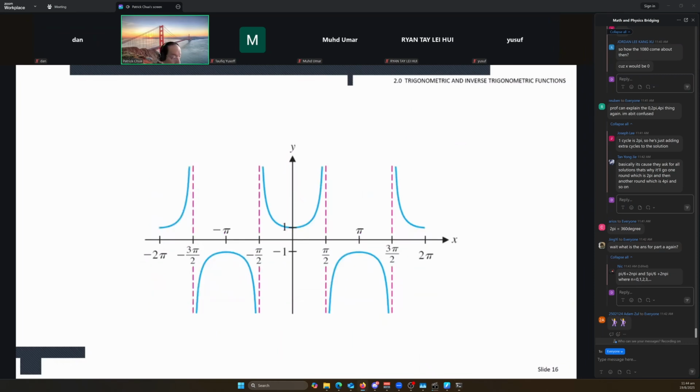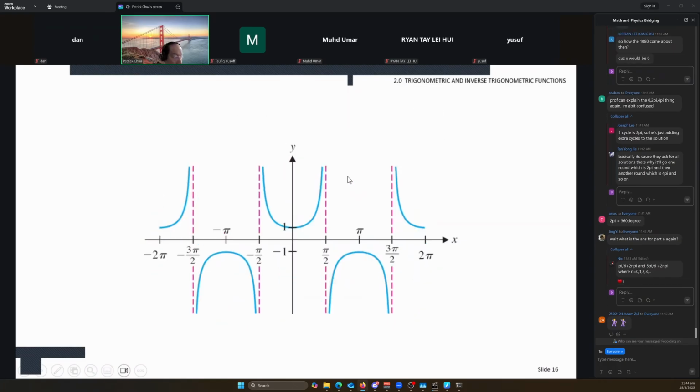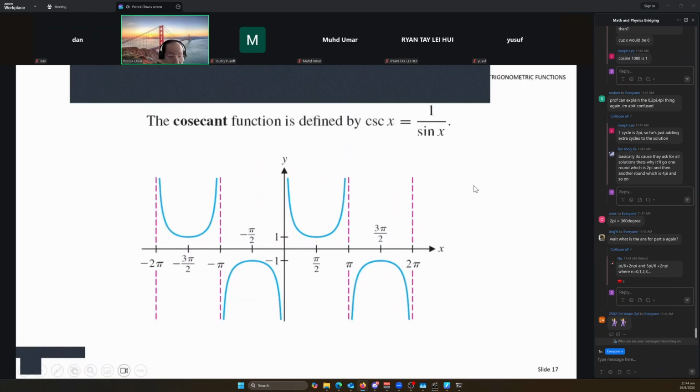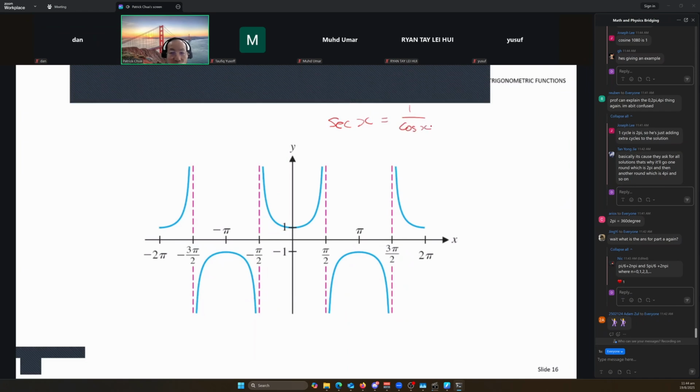Okay. Then you have the secant. This is secant x, which is the 1 over cosine x waveform.